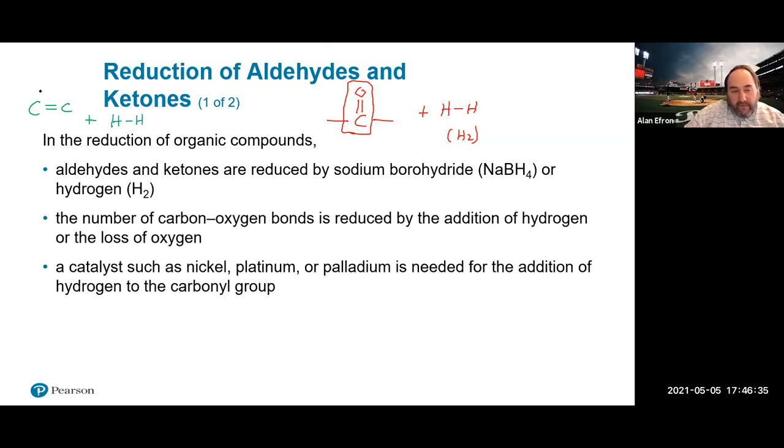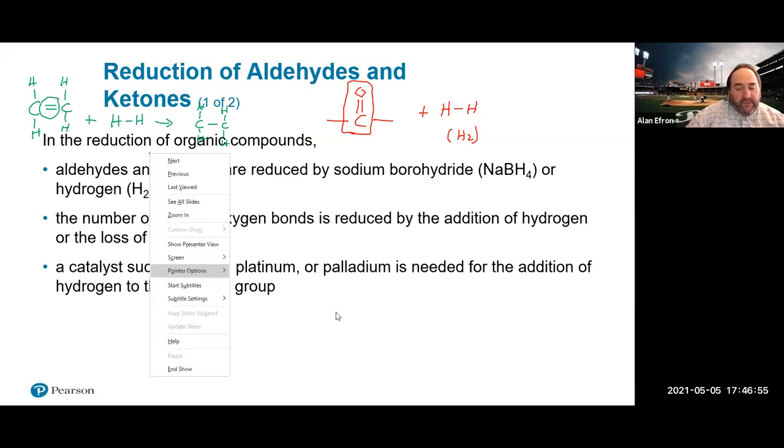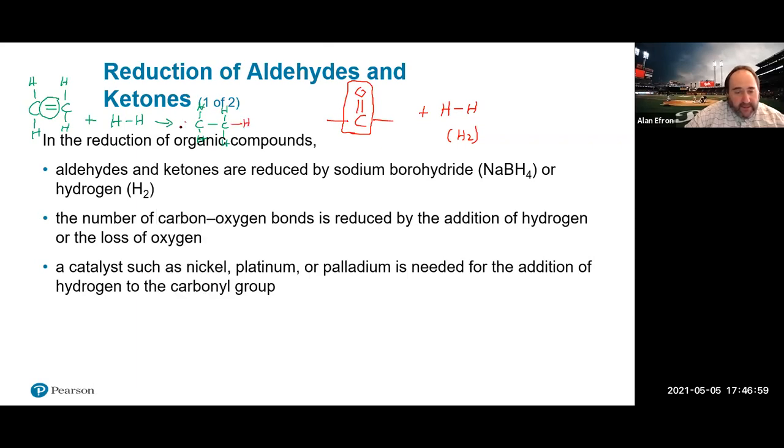Obviously, as we talked about before, there is no room for anybody to be added in at this point. So what always happens is the double bond becomes a single bond, and that makes room for these guys to come in. And in the case of the H2, we would be adding a hydrogen to opposite carbons, right? One hydrogen there, one hydrogen there.